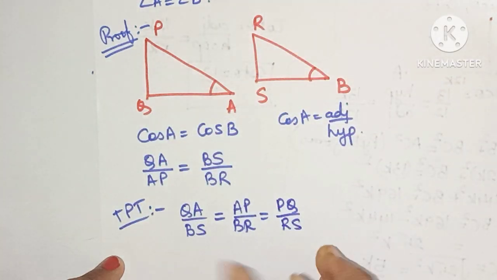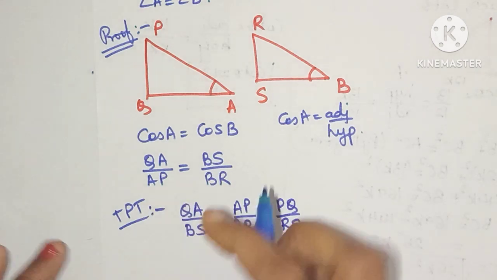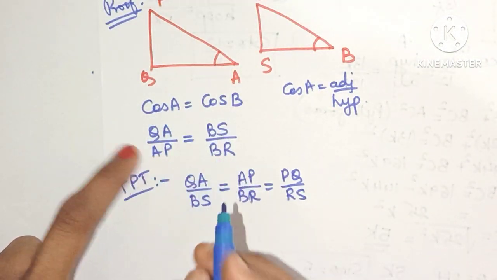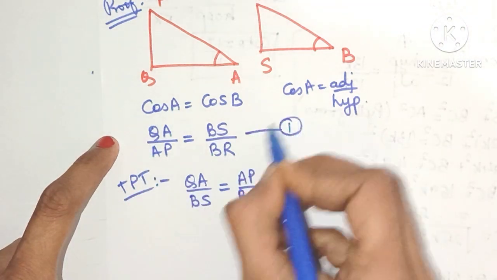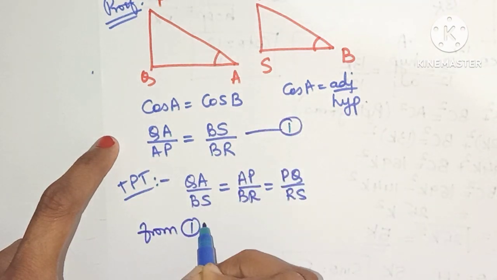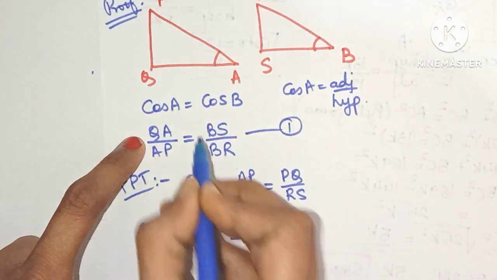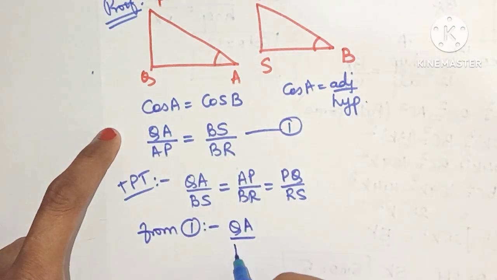So if I show this, then I can show that the two triangles are similar. Now with what is given, from equation 1, I can rewrite slightly. So I'll write QA upon BS, I will bring it down, see, like this.